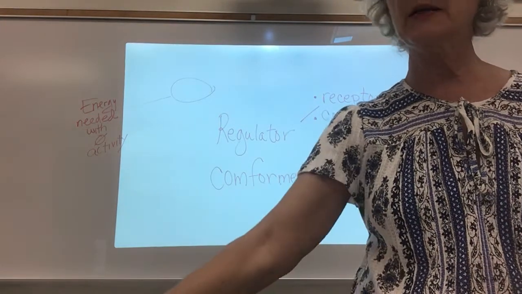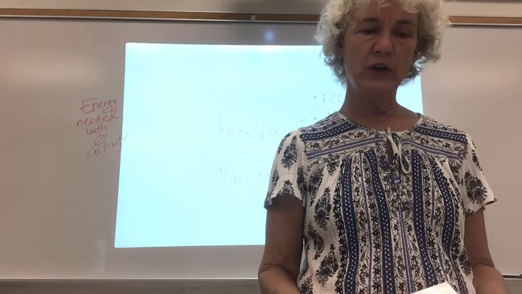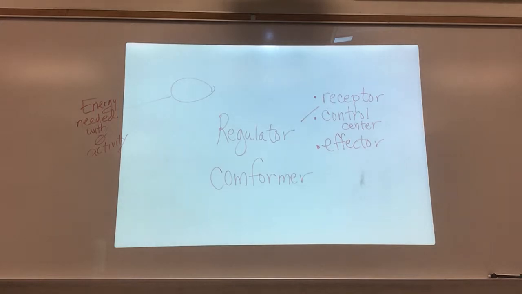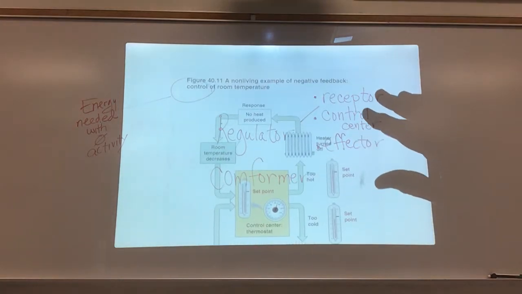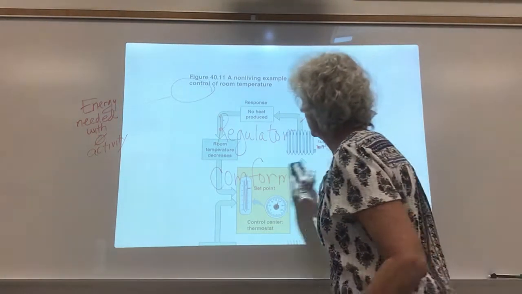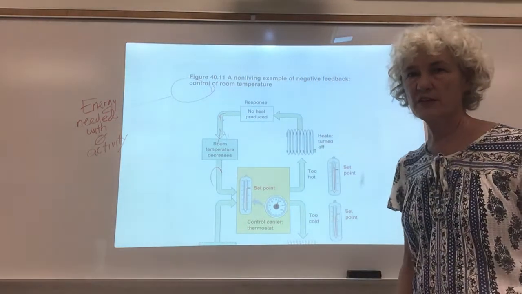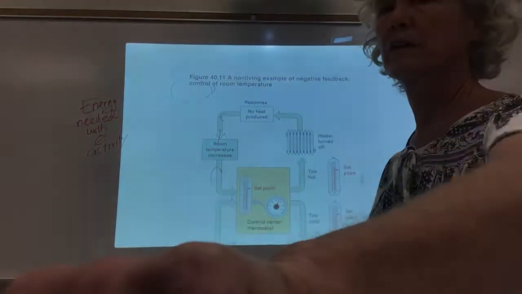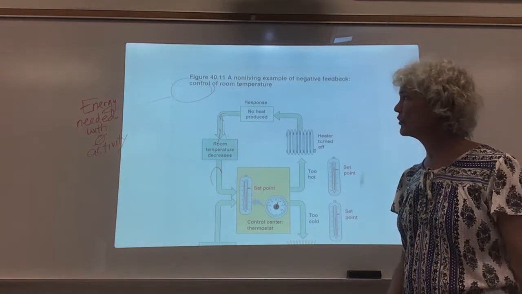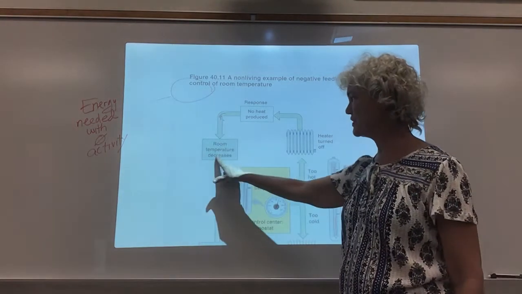These are similar to the negative feedbacks that we had for metabolic control, but these are more in regards to homeostasis, or temperature in this case. All right, let me just erase this. Okay, so looking at this, hopefully this is focusing here. Hopefully that's a little bit better for you guys. So this is talking about, let's say for example, the room temperature decreases.